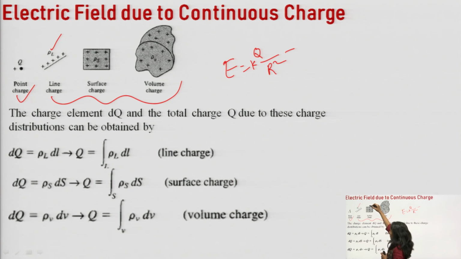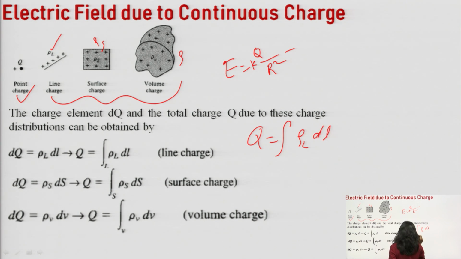Surface charge is defined with the help of rho s, the surface charge density, and volume charge is defined by the volume charge density. So with the help of this quantity we can define dq. For example, for line charge we can write dq is equal to rho L dl, where rho L is the line charge density, and we need to integrate it over a line.